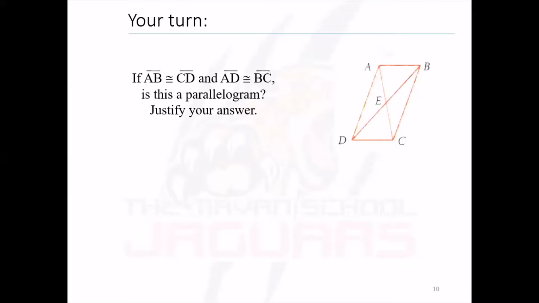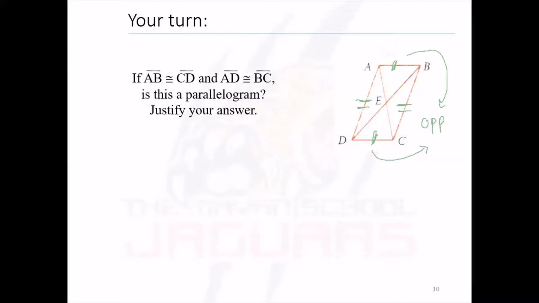Let me once again use my pen to make some marking on this. They give us that segment AB is congruent with the segment CD. I already indicated that. Also, the segment AD is congruent with the segment BC. This is what I have. And if you notice, segments AB and DC are opposite.